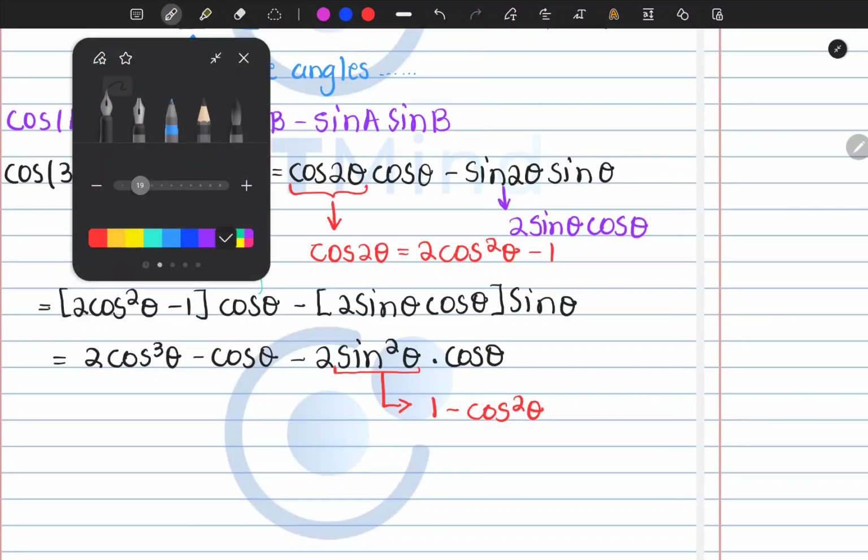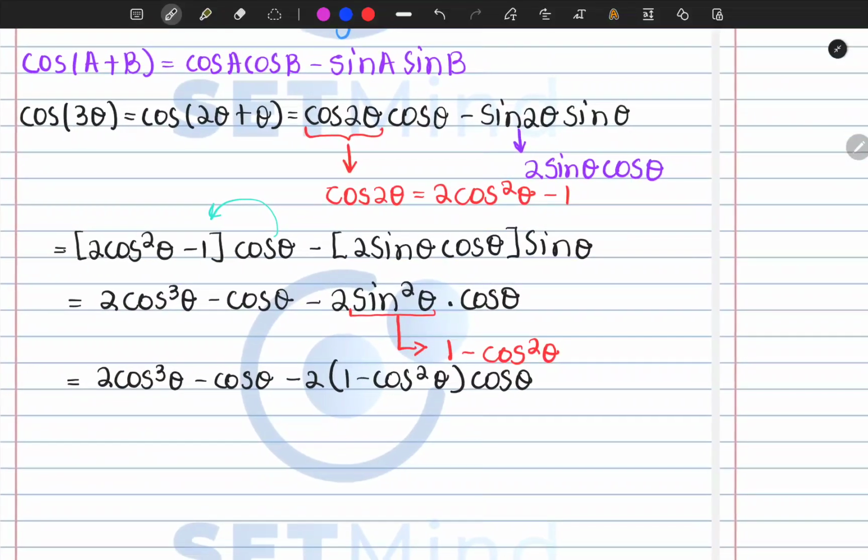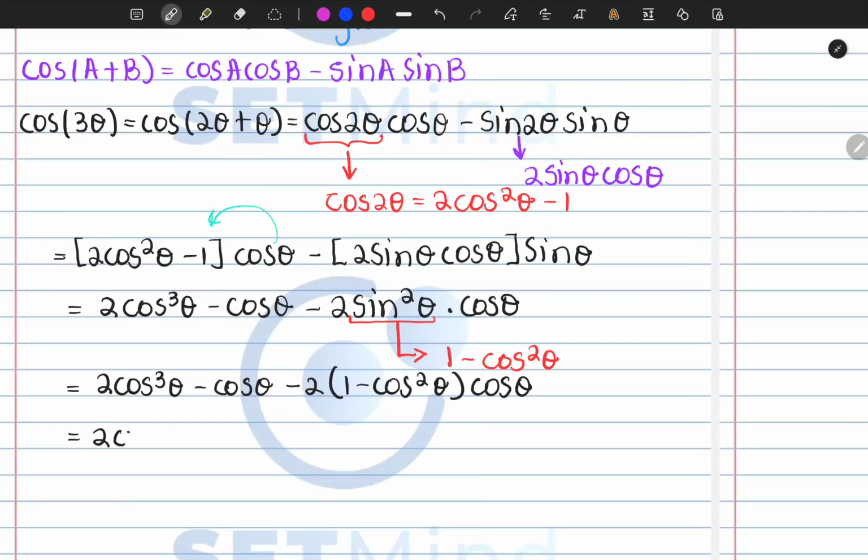That's why we had to cover those basics. So this will be equal to 2 cos cubed theta minus cos theta minus 2 into 1 minus cos squared theta multiplied by cos theta. So I can start doing my foiling and see what we obtain.